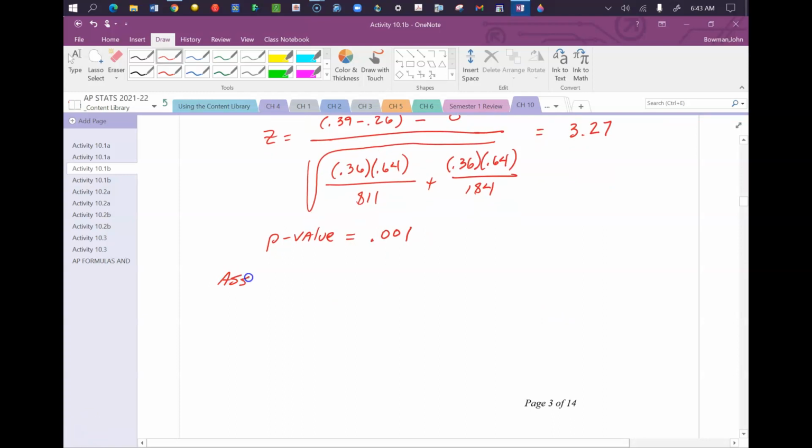So instead of writing out the interpretation of this p-value, we're going to say, assuming alpha is equal to 0.01 even, which is very small, the p-value is less than alpha, therefore we reject H0.